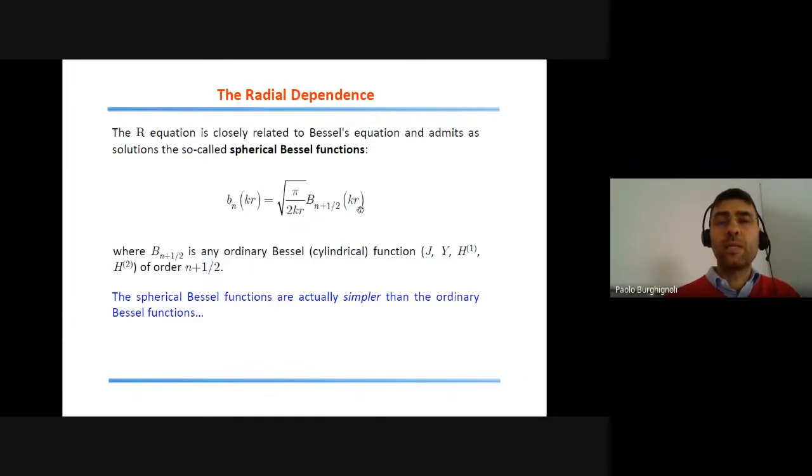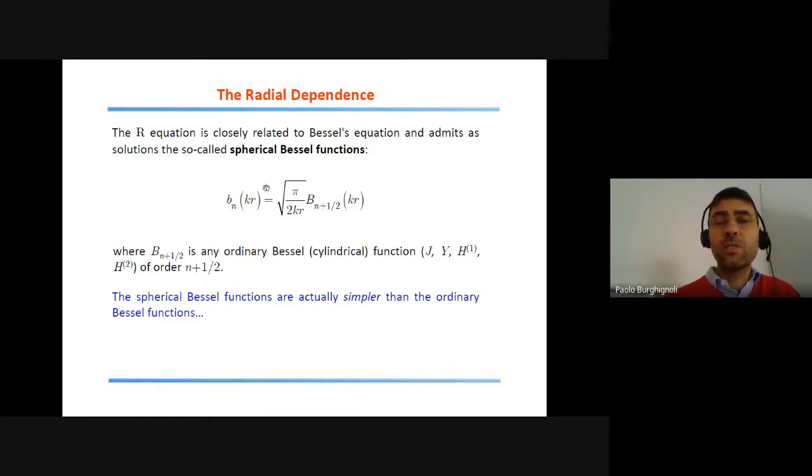The argument is k times r, and in front of the ordinary Bessel function, we also have this factor, which depends inversely on the square root of the argument k times r. This holds for any cylindrical function, so these b functions could be the function j or y, so the Bessel functions of the first and second kind, or also the Hankel functions of the first and second kinds.